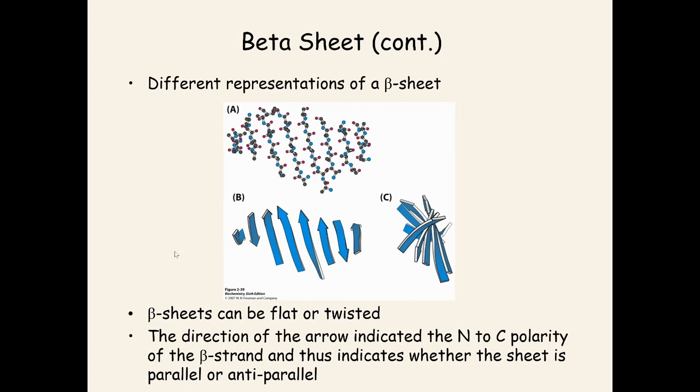And these big giant arrows are the simple way of writing beta pleated sheets. The direction of the arrow indicates the N to C polarity of the beta strand. If you notice here, these arrows are in opposite directions, so those would be anti-parallel, and these are in the same direction, so those would be parallel.